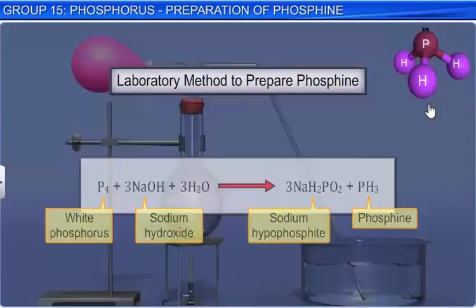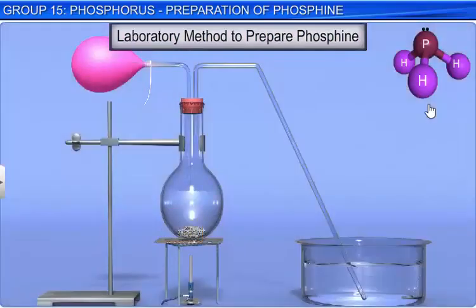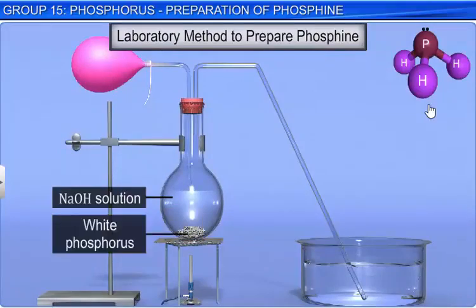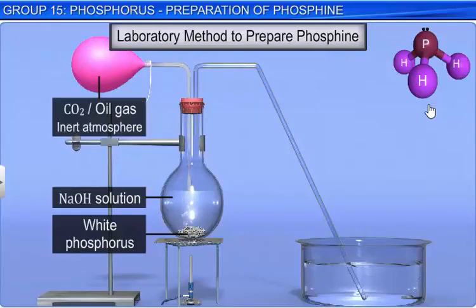A concentrated solution of sodium hydroxide and white phosphorus is taken in a round-bottomed flask, as shown in the apparatus arranged here. The reaction is allowed to take place in an inert atmosphere of carbon dioxide or coal gas, because phosphorus would otherwise react with oxygen and lead to an explosion.